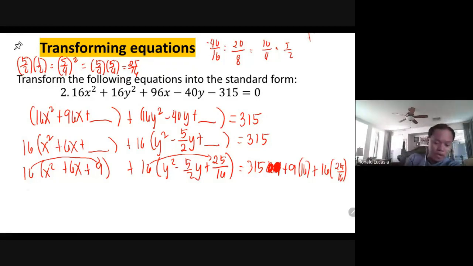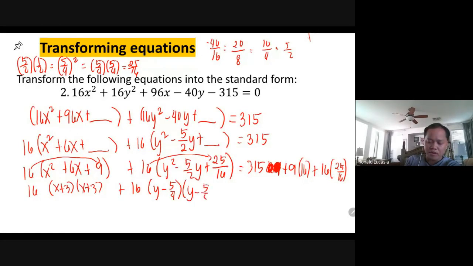So, ngayon, pwede ko na siyang ma-factor. x squared plus 6x plus 9, magiging x plus 3 times x plus 3. Ang y part, magiging y minus 5/4, tapos y minus 5/4. Kapag fraction yan, bumalik ka lang doon sa kalahati ng b, yun yung magiging factor niya.